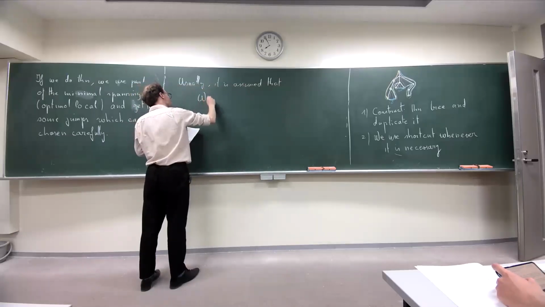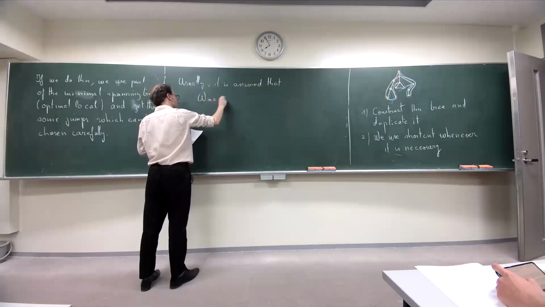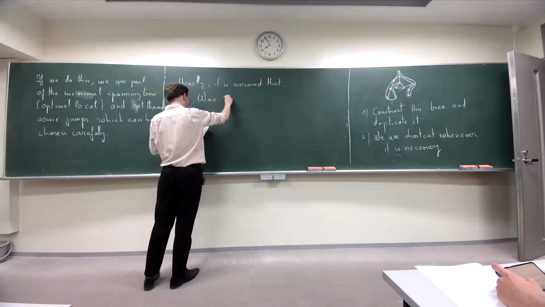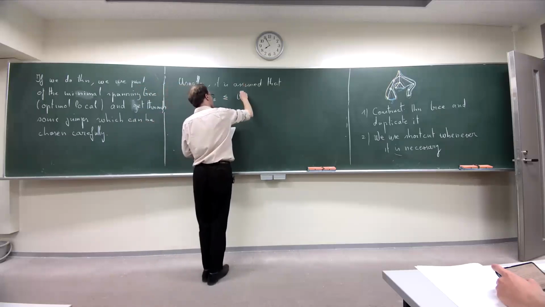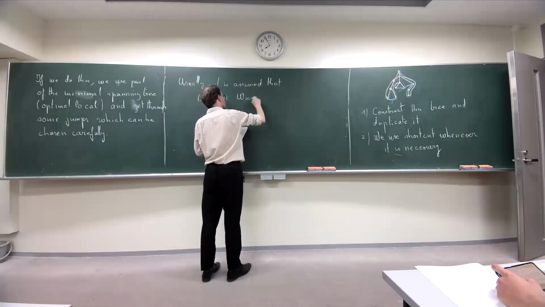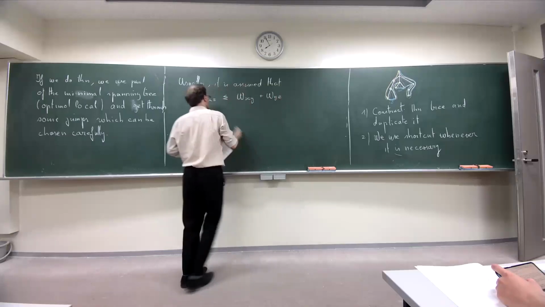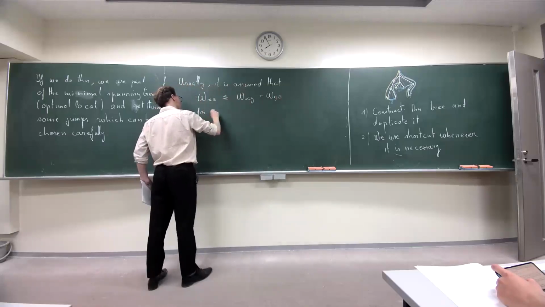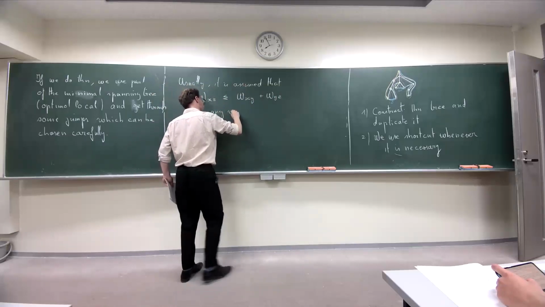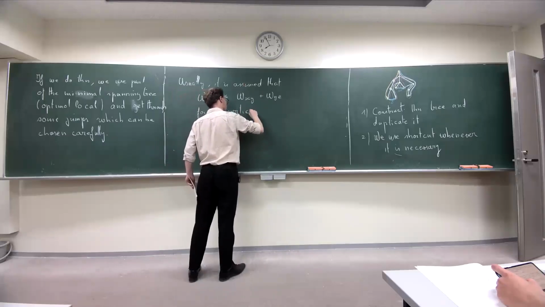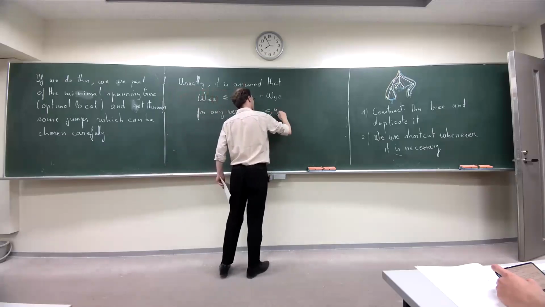The weight xz is smaller or equal to the weight xy plus the weight yz for any vertices x, y, z.